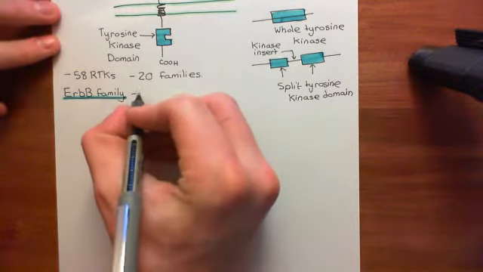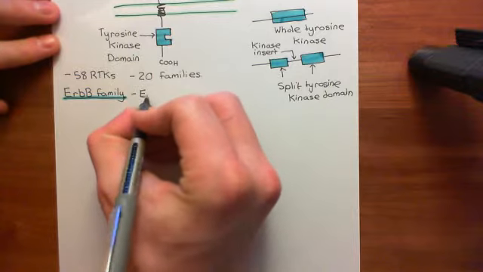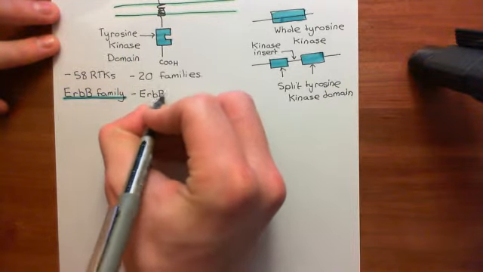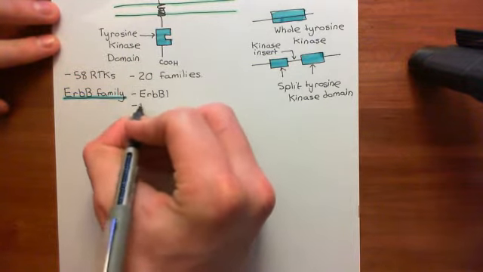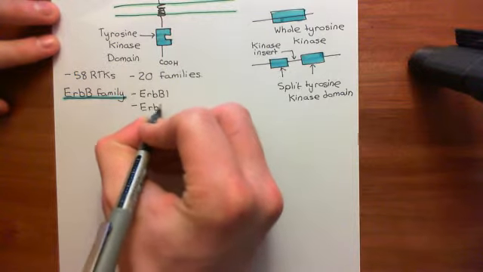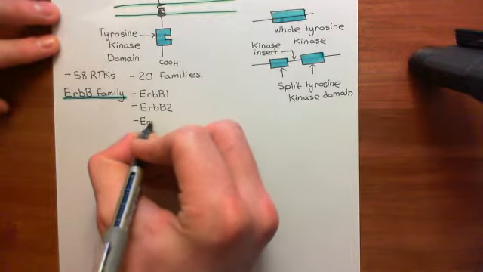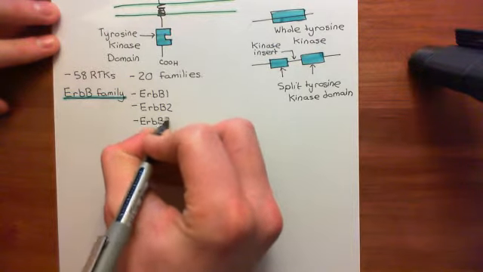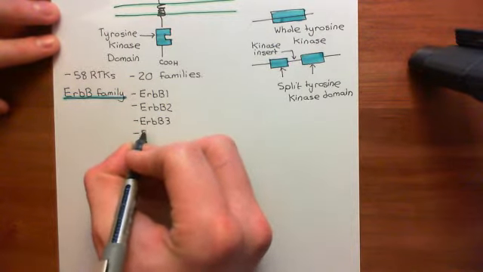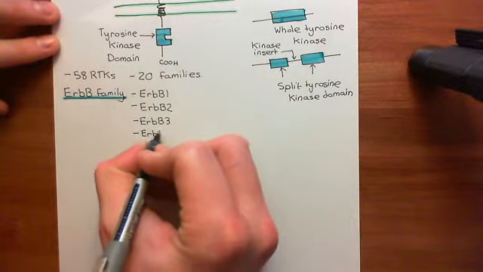These 4 different receptor tyrosine kinases are called ERB-B1, ERB-B2, ERB-B3, and ERB-B4. So it's got a nice simple naming system. There are other names, unfortunately, for all of these proteins as well.